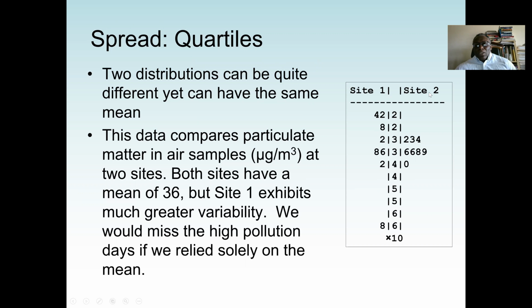When we look at site 2, all the data is in a narrow band, from 32 to 40. So site 2's standard deviation will be very small because the variation of the data is very small. But in site 1, the data goes all the way from 22 to 86, so the standard deviation will be very high because the variation is very high.